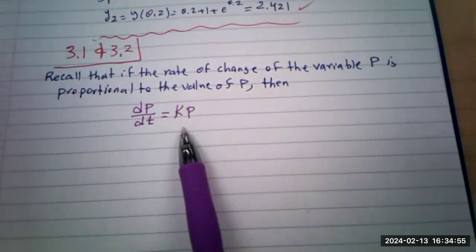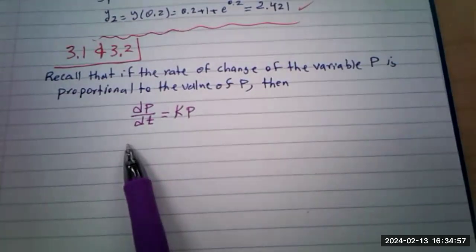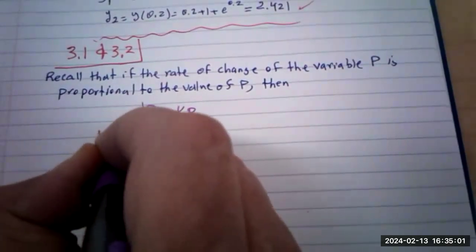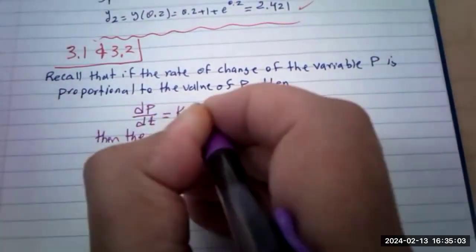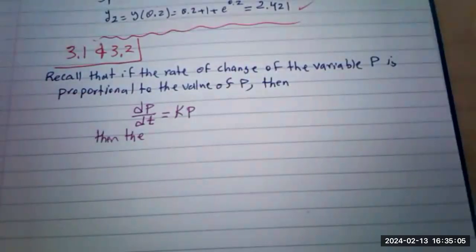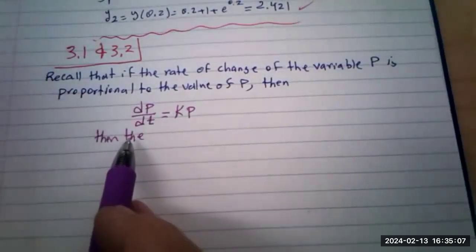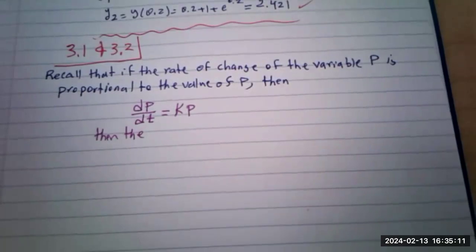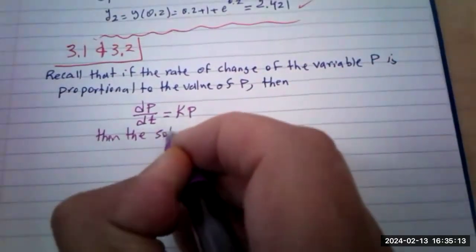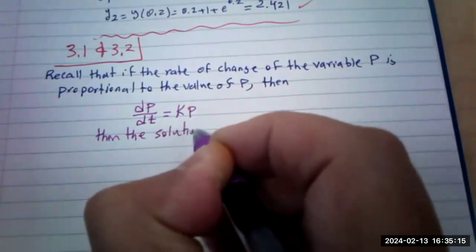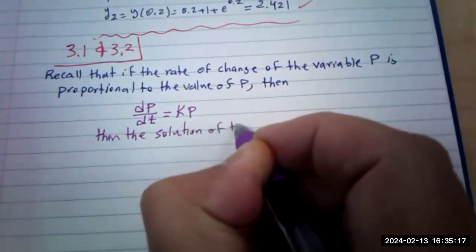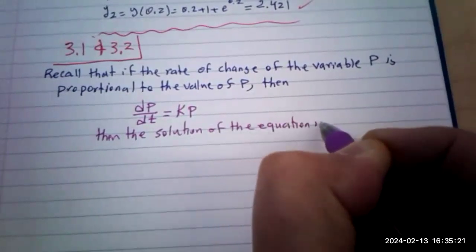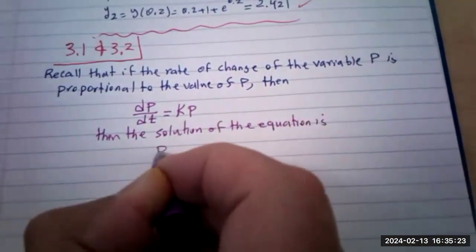Now, if you solve this one, it's easy to solve. You can move the dt to the other side, take the integral, you get dP over P, there's going to be ln involved, and eventually this is the solution of the equation, the one that we did in calculus.